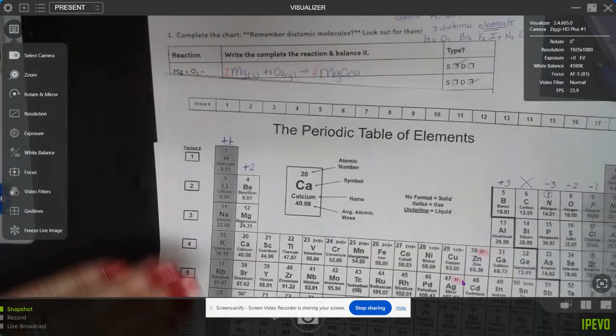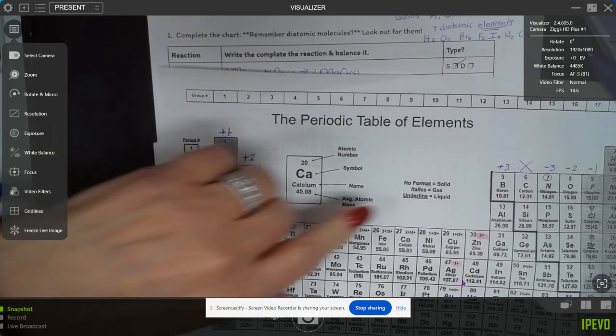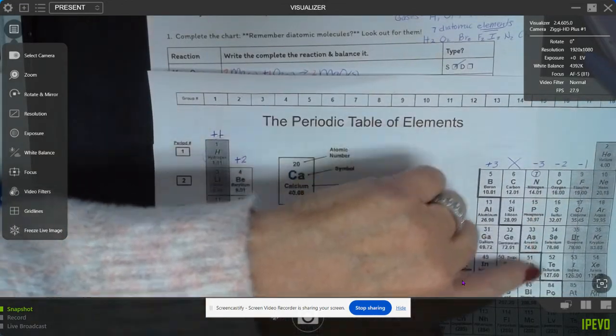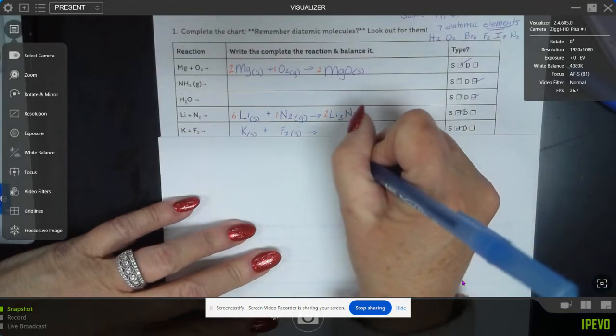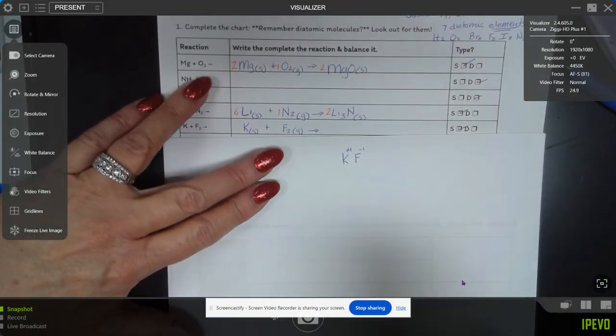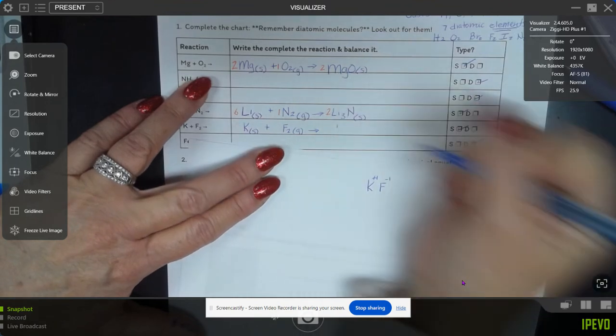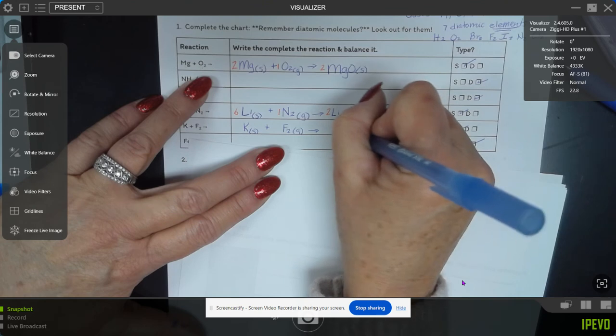If I look at my periodic table, potassium has a +1 charge. Fluorine has a -1 charge. Those balance each other out. So our product is just going to be KF, potassium fluoride, and that's a solid.